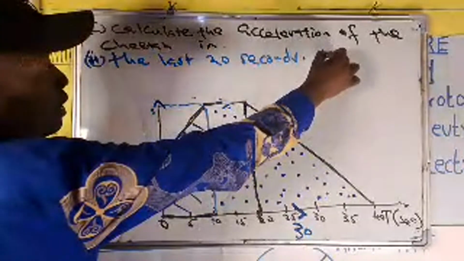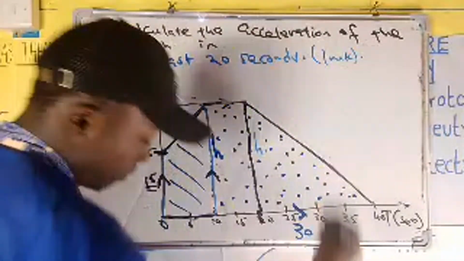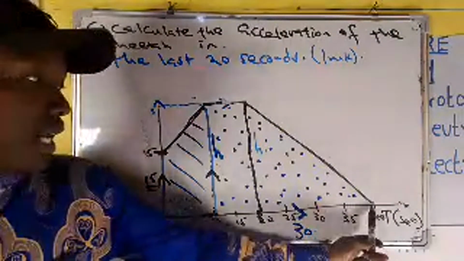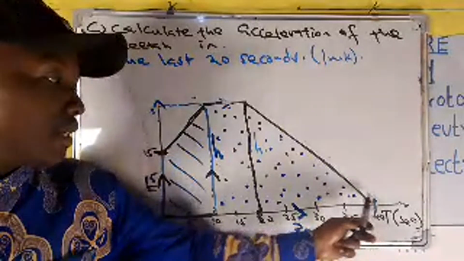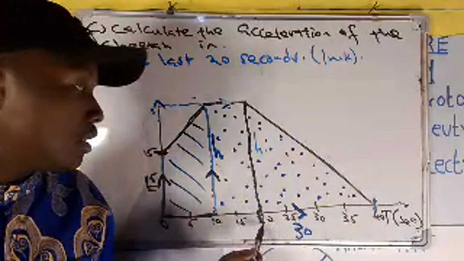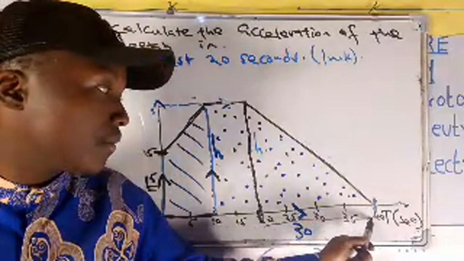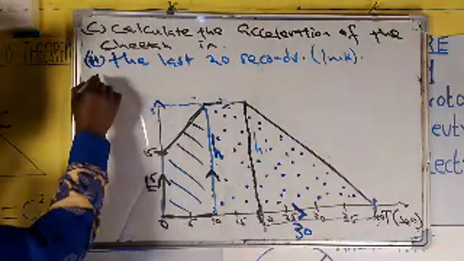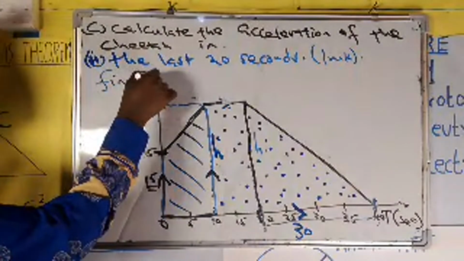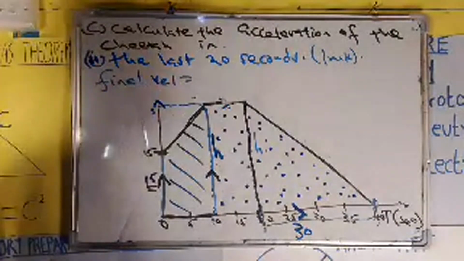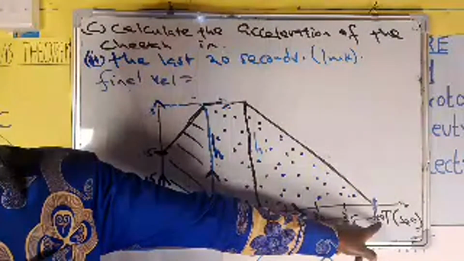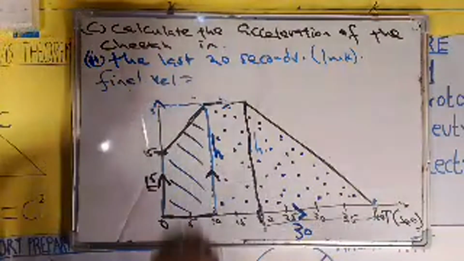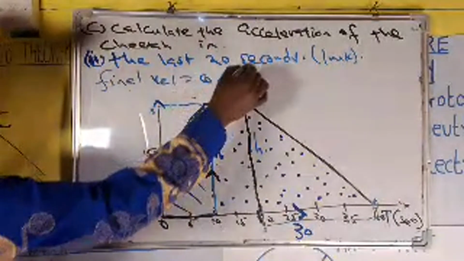So utakuja mahali the last 20 seconds ziko. 1 mark. The last 20 seconds. So the last second ni ya 40. So the last 20 ni from 20 to 40, ni kutoka hapa hivi. So tukikuja hapo tutaangalia final velocity. Final velocity kwa 40, final ni 40 kwa 40. So when time is 40 seconds ni nini?